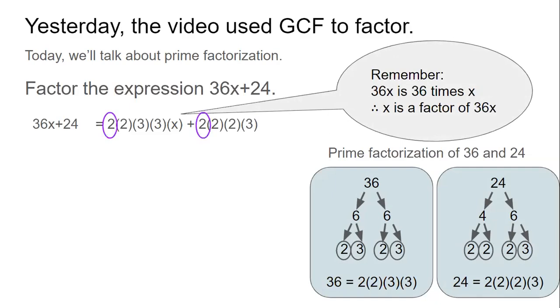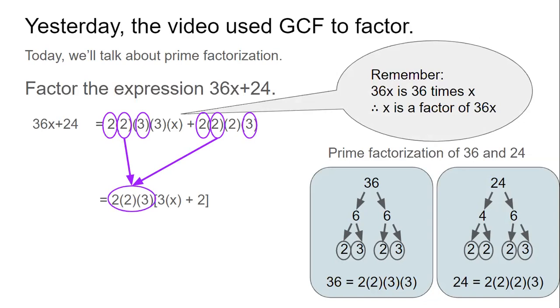But we do see there's a 2 in common. There's another 2 in common. And there's a 3 in common. We're going to take those out. We're going to factor them out and place them in the beginning.